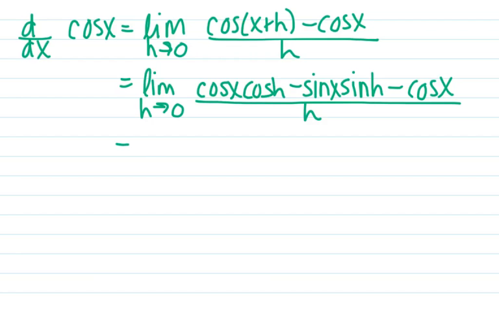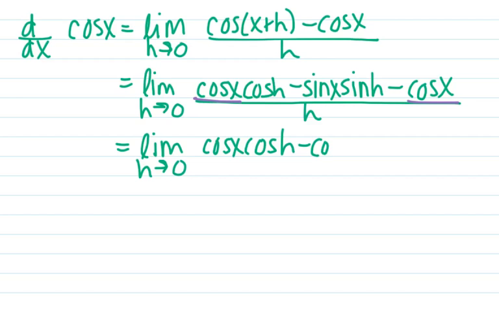Okay, and we're going to look where we can break these apart by looking for things that have a common factor. I'm seeing cosine x and cosine x. So I'm going to rearrange those. So cosine x cosine h minus cosine x. And I'm going to go ahead and break it apart.